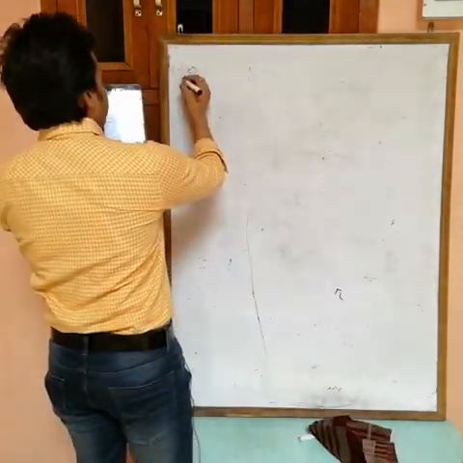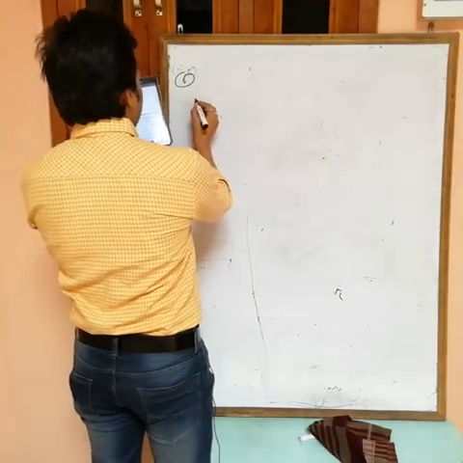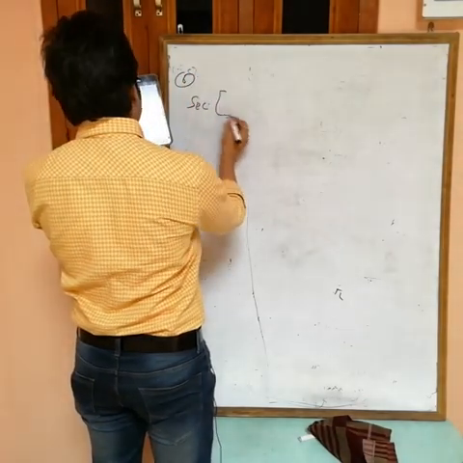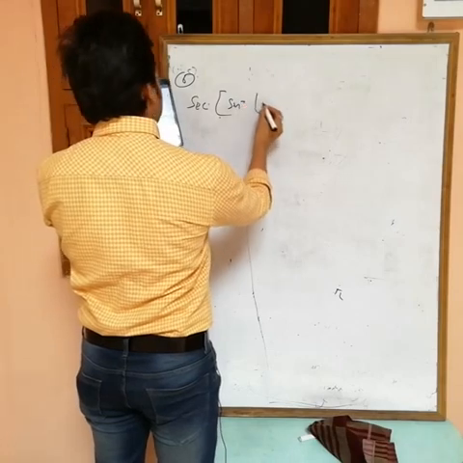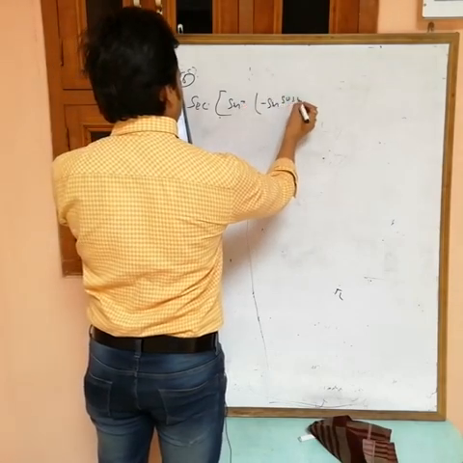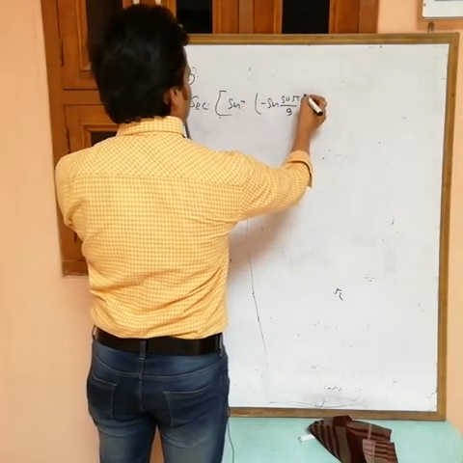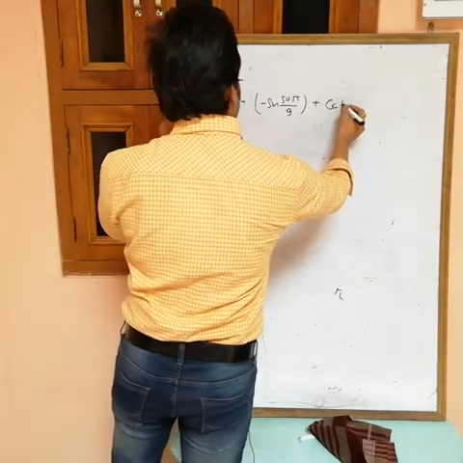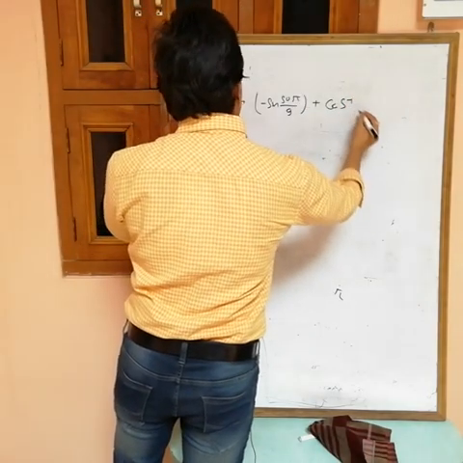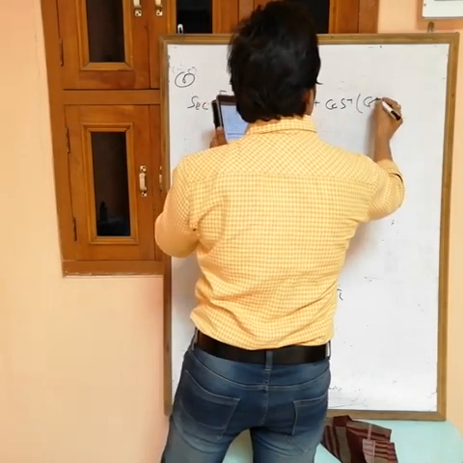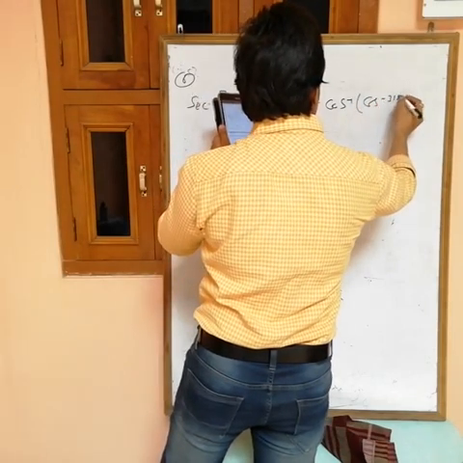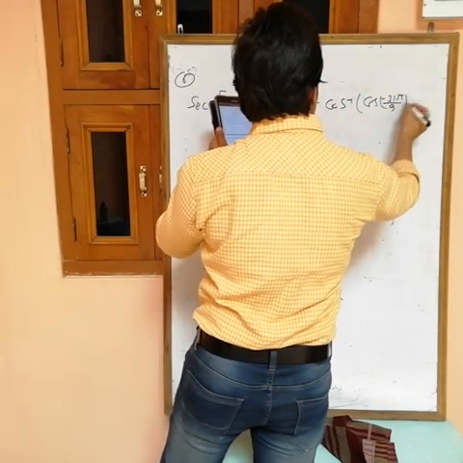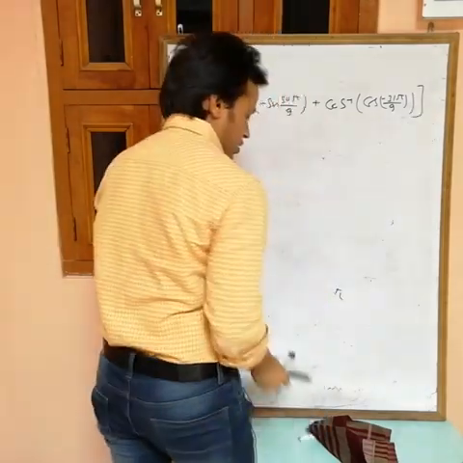Question number 6. The value of sec of sine inverse of minus sine 50 pi by 9 plus cos inverse of cos minus 31 pi by 9. I want the value of this.